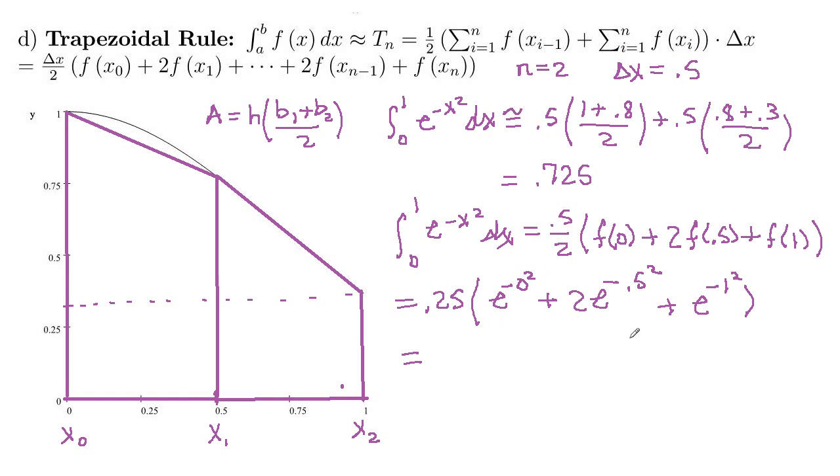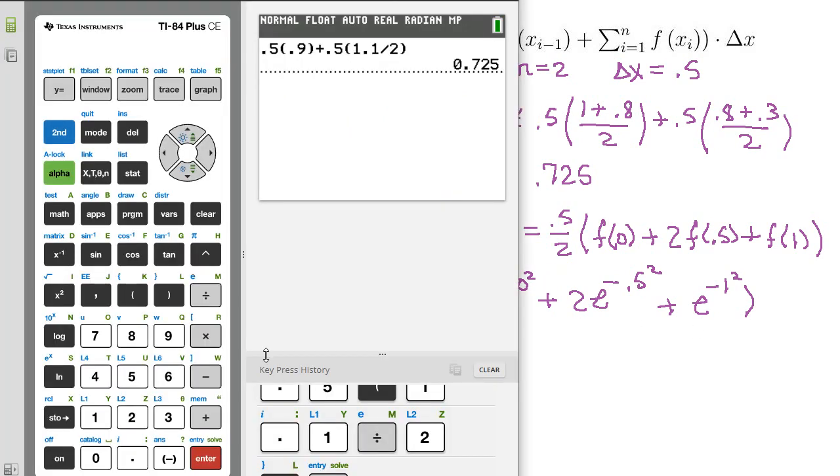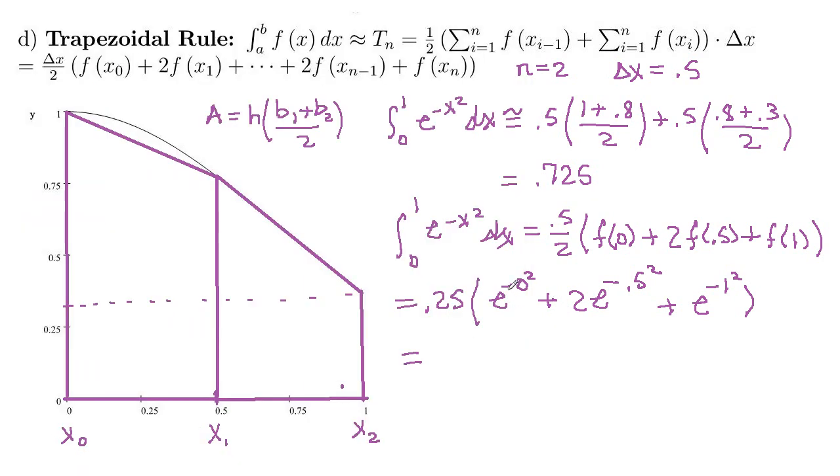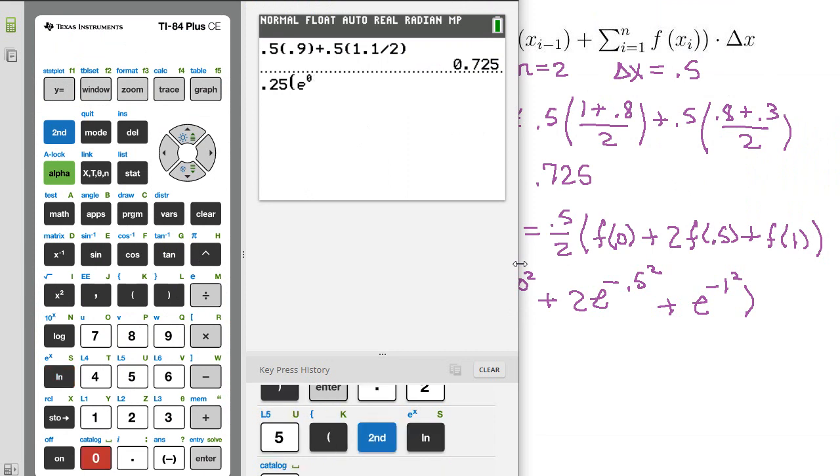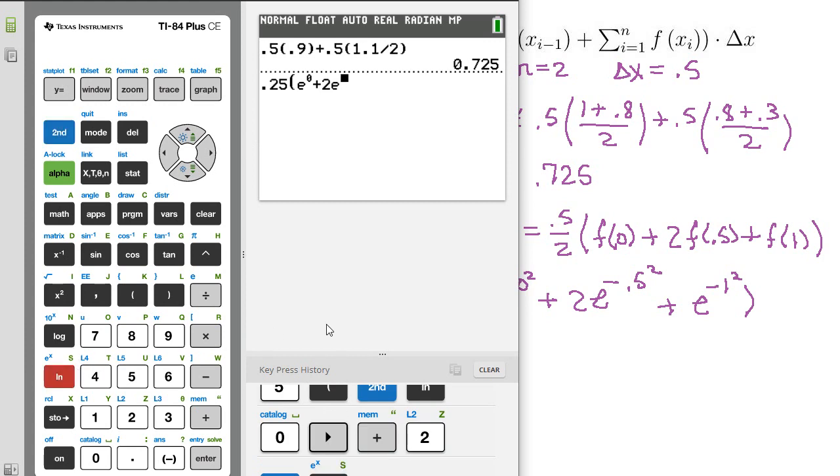And let's go ahead and do this one down here. You've got a 0.25 out in front. The first function value is e to the negative of 0 squared, that's just 1, so we could put a 1 there. And then plus 2 times e to the negative of 0.5 squared.